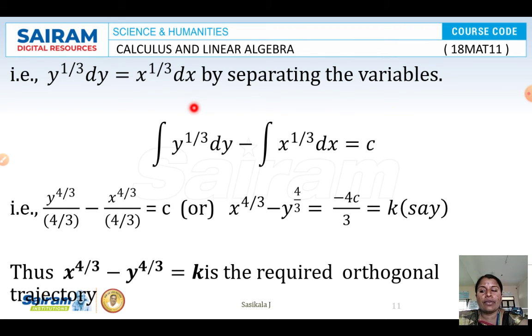Now apply the variable separable method. That means separating the variables. Take the integrations. Integration of y power 1 by 3 dy, and take the x term to the left side, minus integration of x power 1 by 3 dx is equal to c.